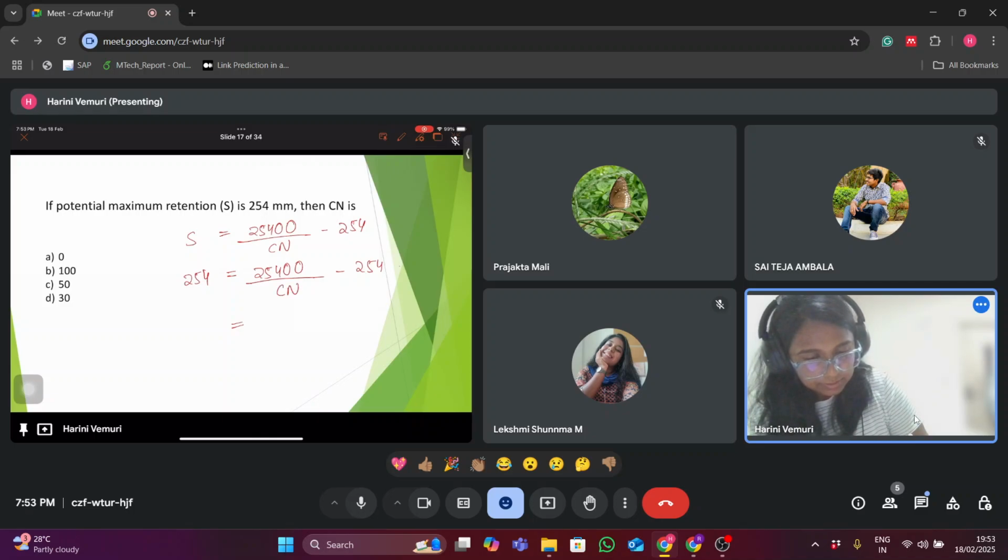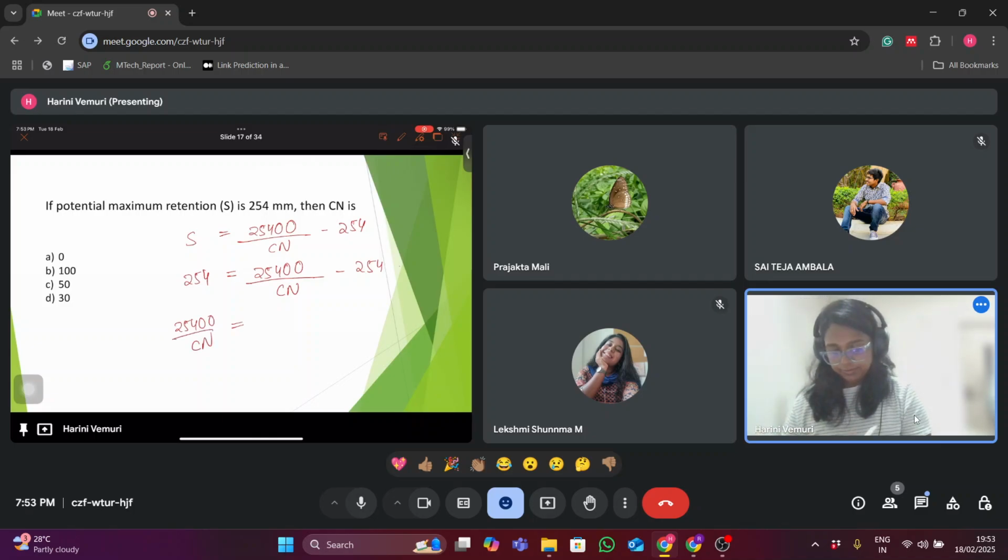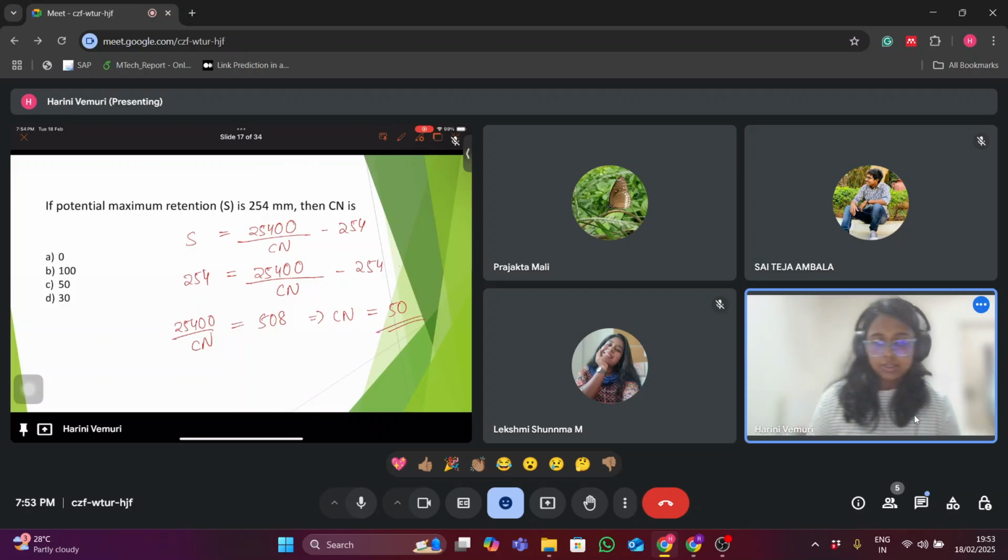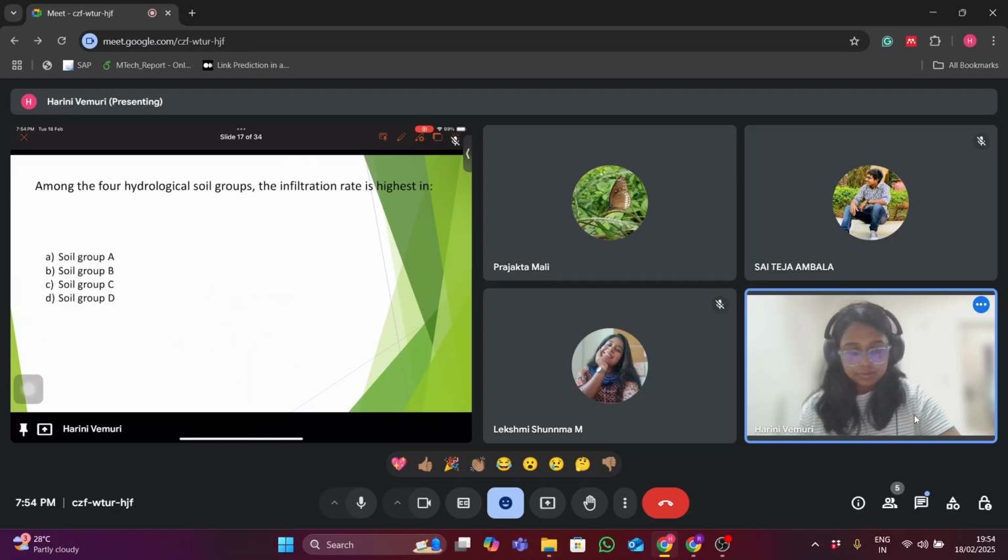So it is 2500 by CN equal to 50. So this is how you calculate the curve number from the potential maximum retention formula.